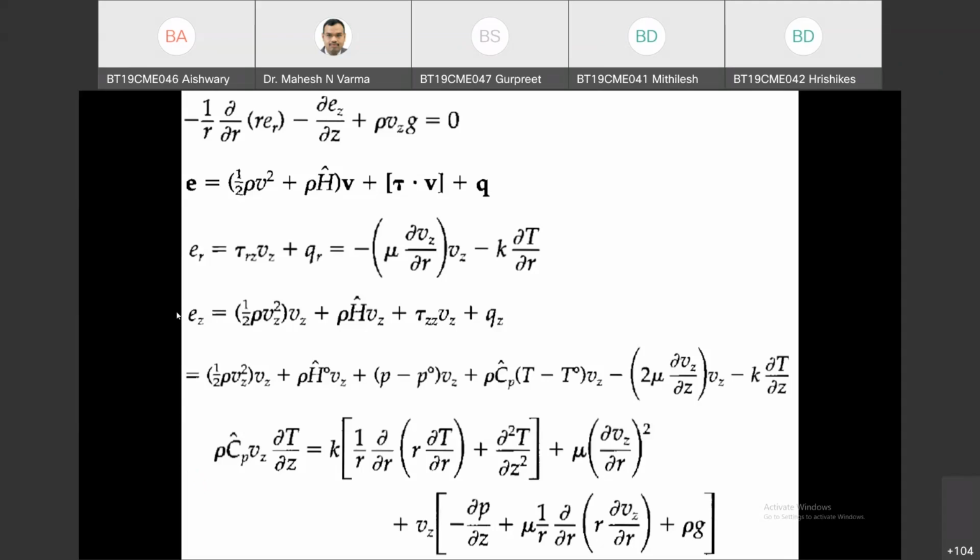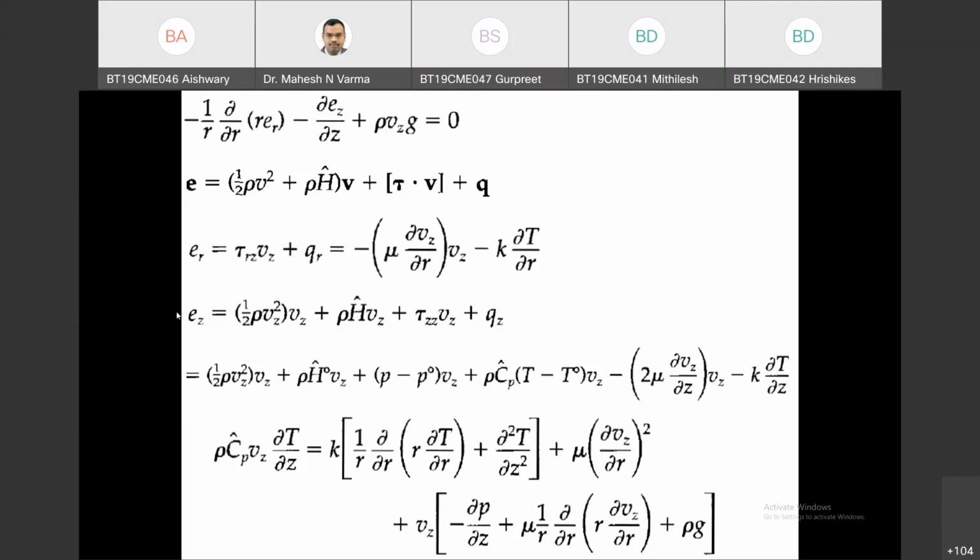Aishwarya, did you get this? When did we discuss this actually? Whether we discussed this in class? Not yesterday. We discussed it when we were discussing the equation of change.